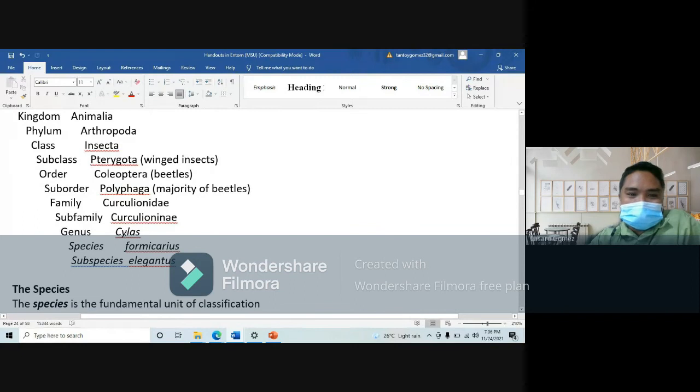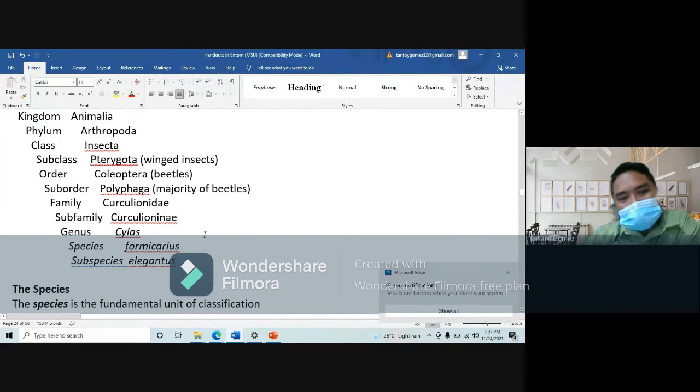Then the genus, where it originates from, is Cylas. The species is formicarius. Then the subspecies is elegantulus. Therefore, the scientific name of the beetle is Cylas formicarius. So when naming the scientific name, you use the genus and its species.